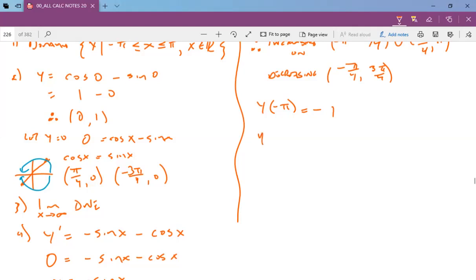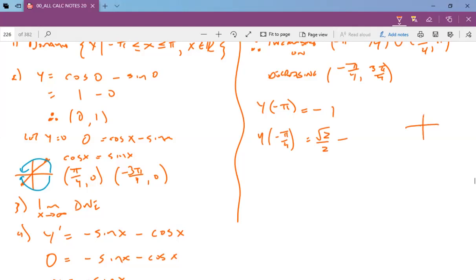Y of negative pi over 4. So what do we have here? Maybe a little less straightforward. So cosine of negative pi quarters is root 2 over 2, minus sine of negative pi quarters.